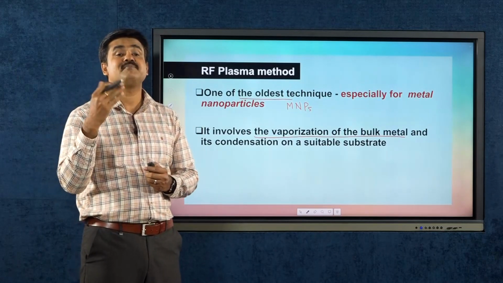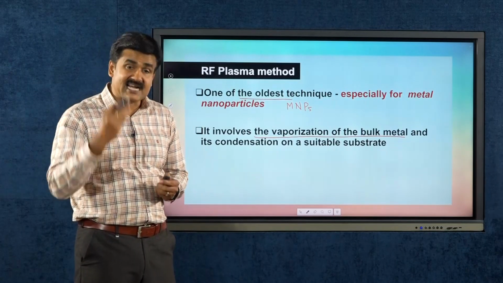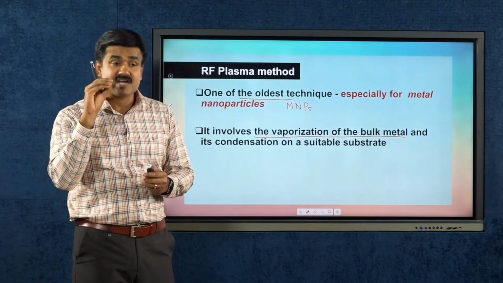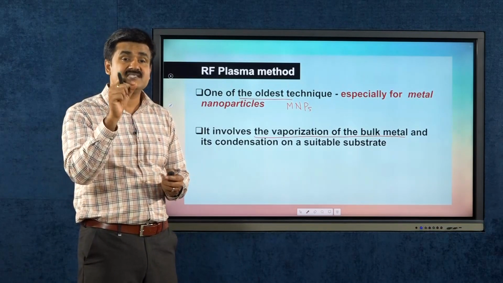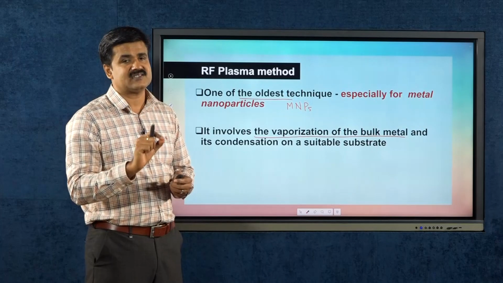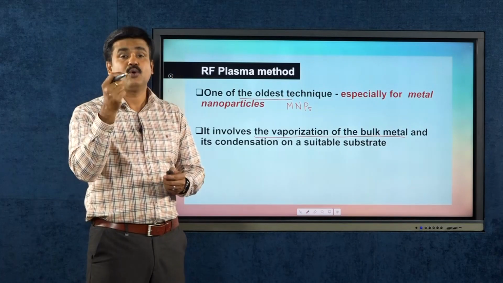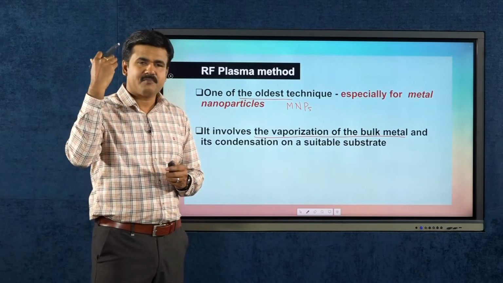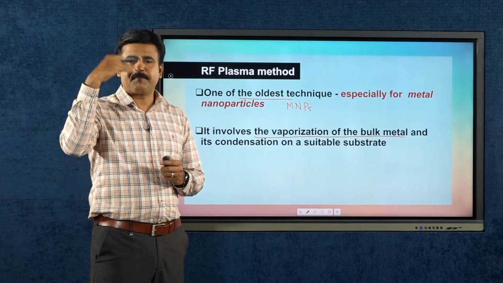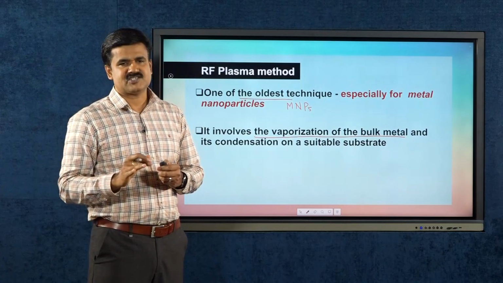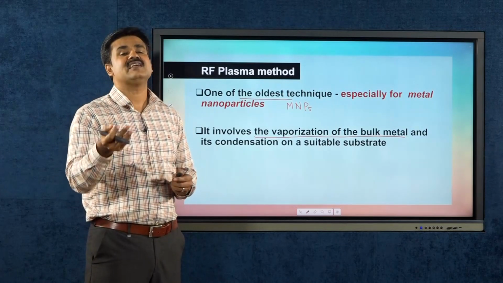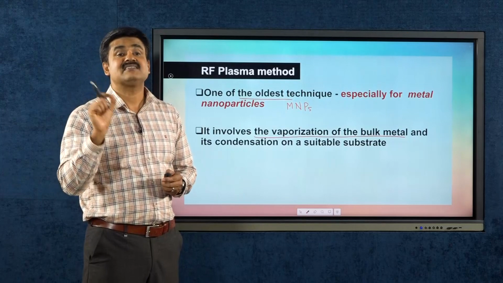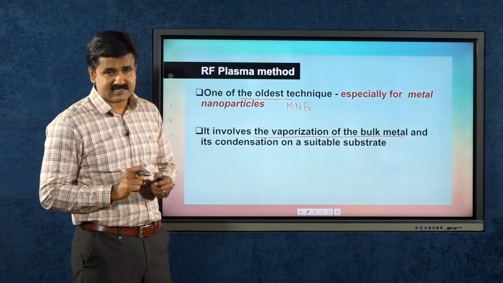And that vapor is allowed to cool or to condense on a suitable surface or on a suitable substrate. So, here there must be evaporation or vaporization, followed by condensation. During condensation, you will get small sized metal nanoparticles or MNPs.